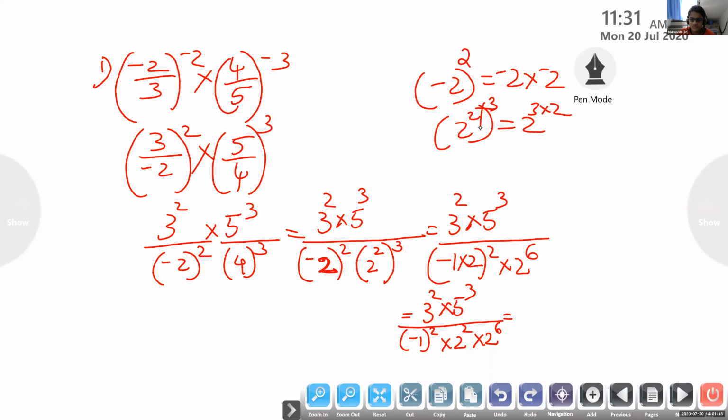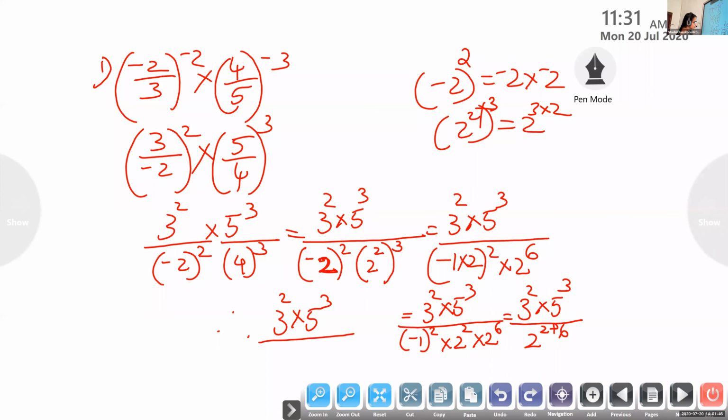Now, numerator 3 square into 5 cube divided by negative 1 square is 1. Negative 1 into negative 1 is 1. 2 raised to 2 into 2 raised to 6, we can write 2 raised to 2 plus 6. So the answer is 3 square 5 raised to 3 divided by 2 raised to 8.